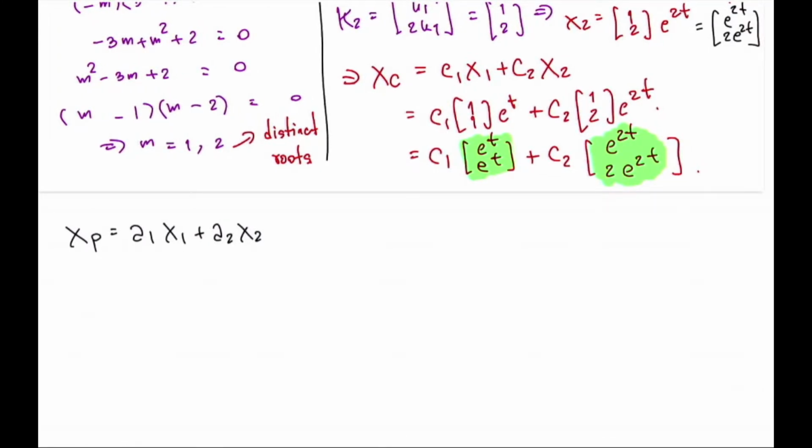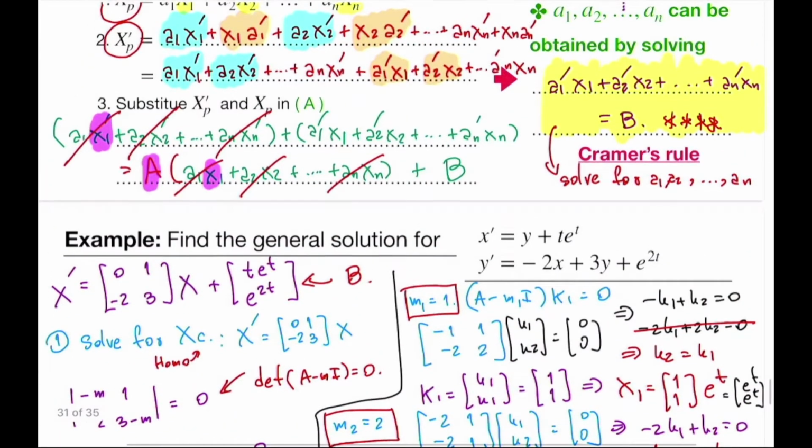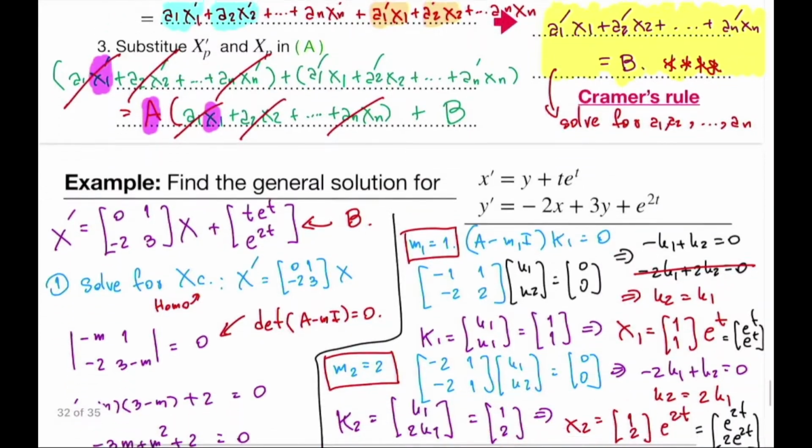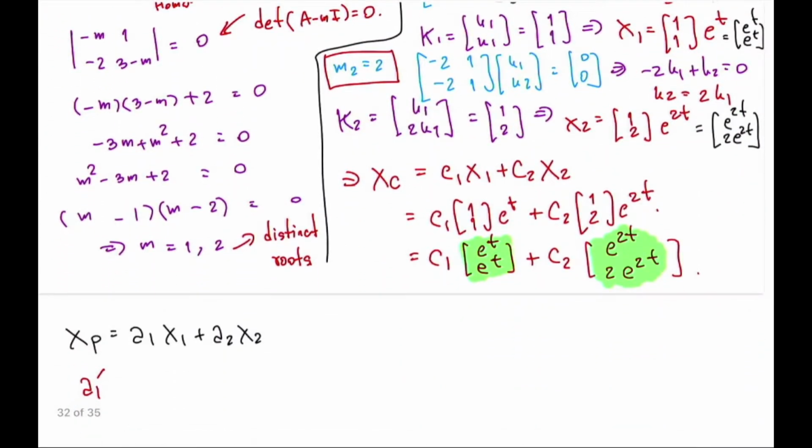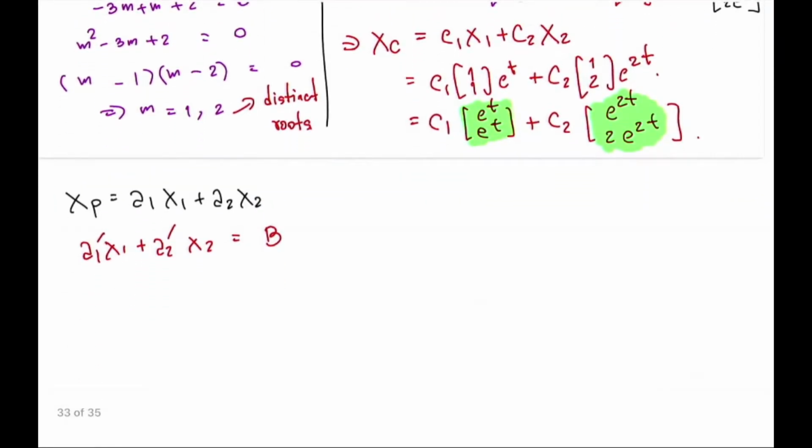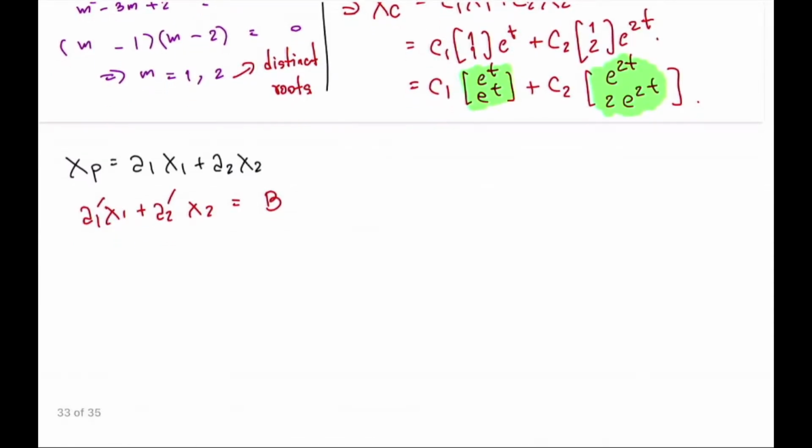Which is a1 prime, what is it? What is the equation? a1 prime x1 plus a2 prime x2 equals b. And that is our equation, so that we can solve for a1 and a2. Okay, so let's say a1 prime.